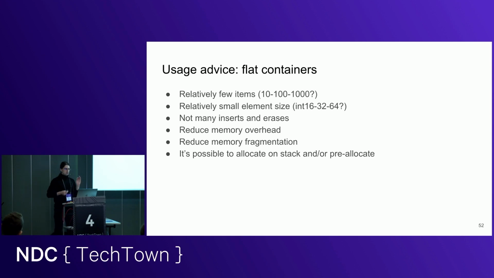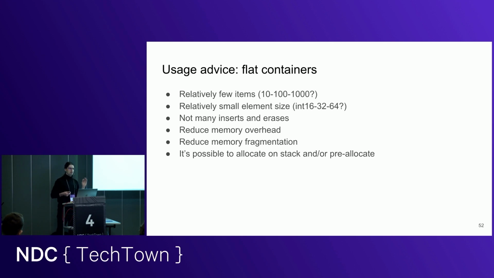So you should use flat containers if you have a relatively small count of items. So it might be 10, 100, 1000, even more. It depends on the element size. So if it's 16 ints, you can put more, or if you have specific memory in your embedded thing, specific traits, you can again put more.